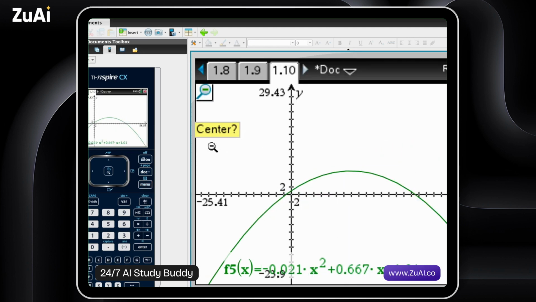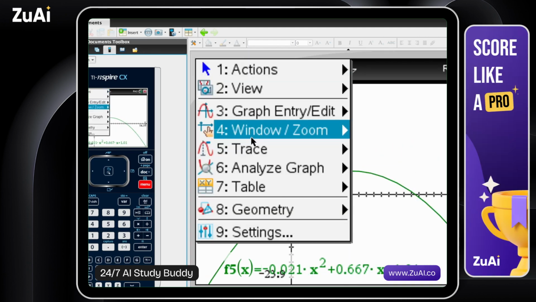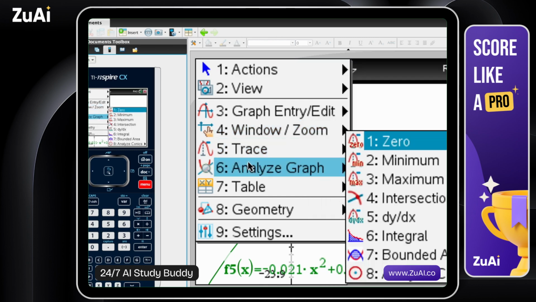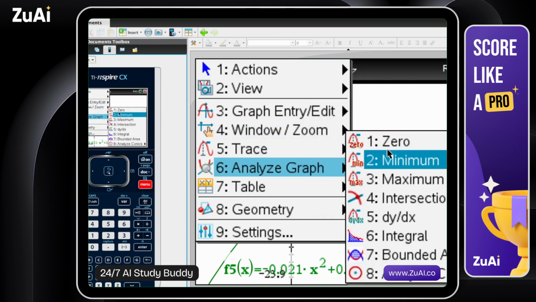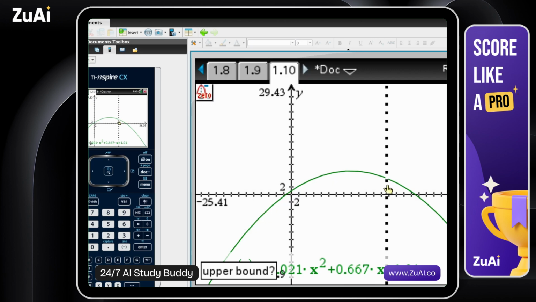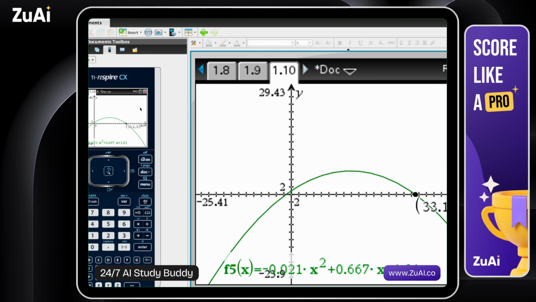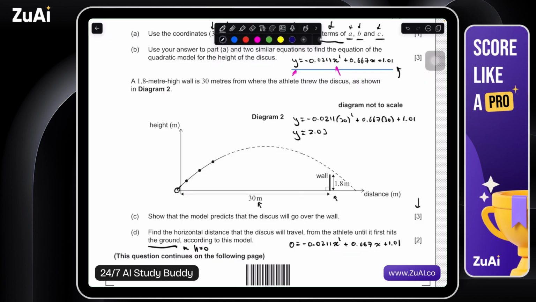Here we are. I'm going to analyze graph and find the zero. So at 33.1 meters, let's go back to the document. X is equal to 33.1 meters.